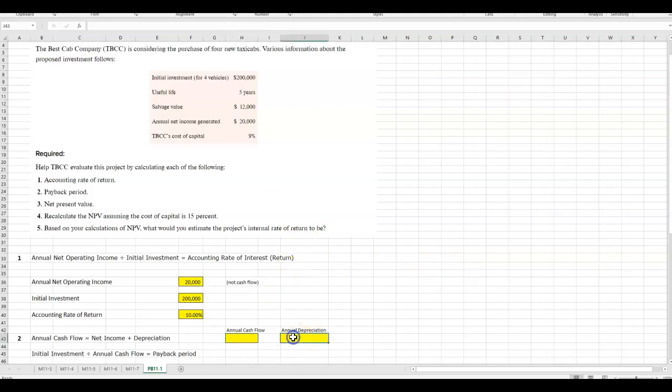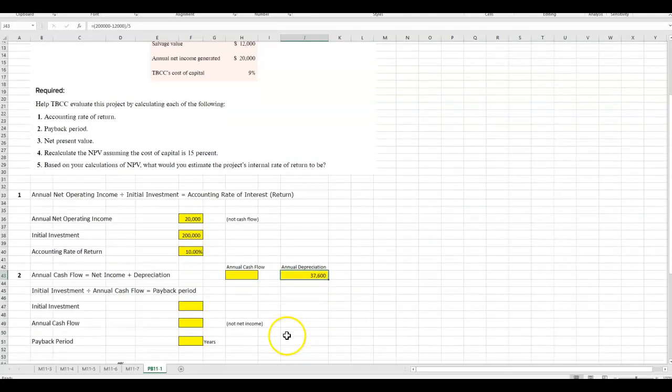Your depreciation is equal to your cost, 200,000, minus your salvage value of 12,000, divided by the useful life of 5 years. So my annual depreciation is 37,600.